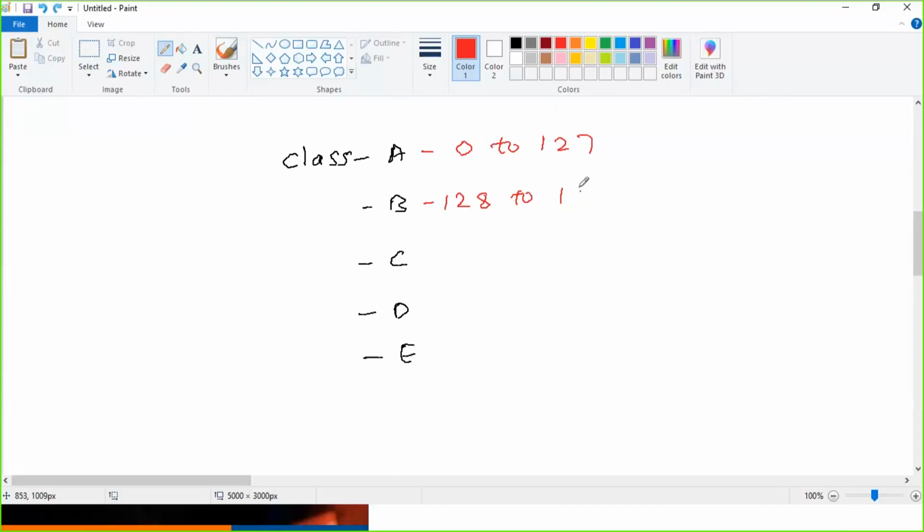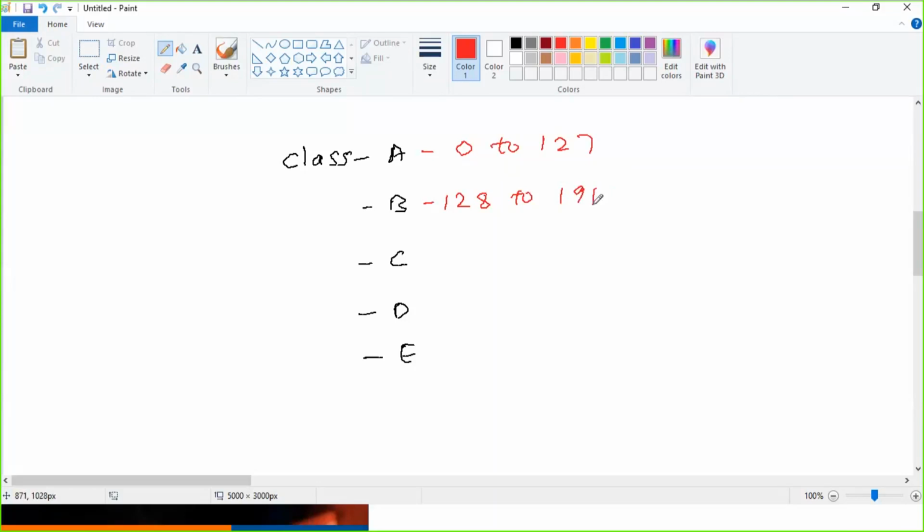Okay, Balu, you are telling good, but what is the logic behind class A being 0 to 127 only? Why not some other number, 0 to 20 or 0 to 120? What is the logic behind 0 to 127 only for class A, and 128 to 191 for class B?